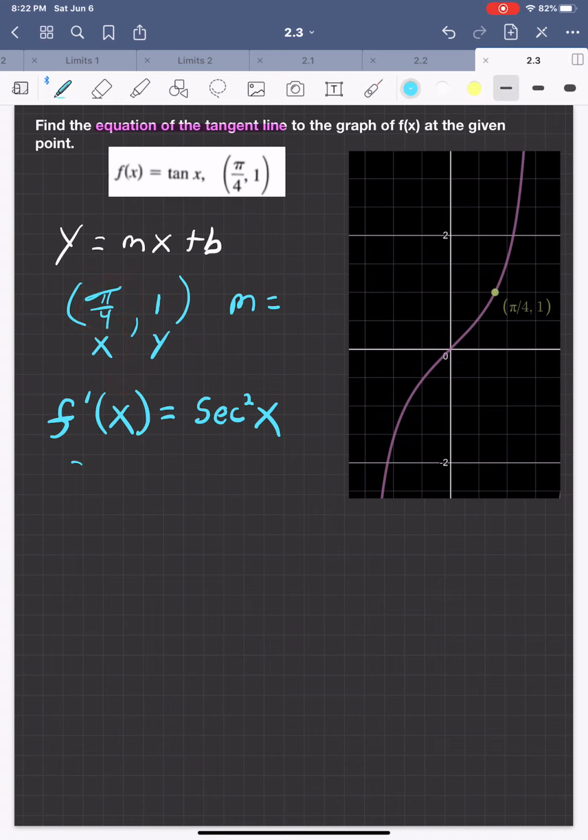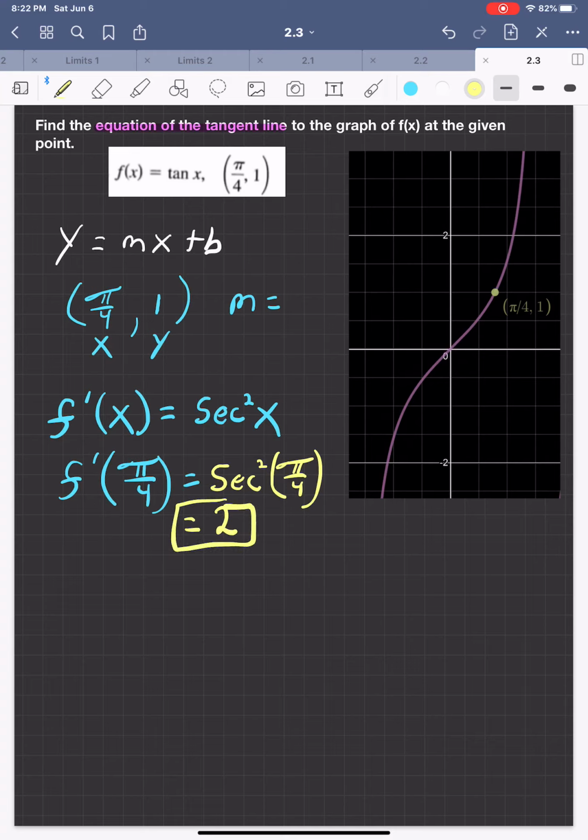So in this case, it's f prime of pi over 4. That means I have secant squared of pi over 4, and secant squared of pi over 4 is just equal to 2. Beautiful. So now I know that my slope is 2.